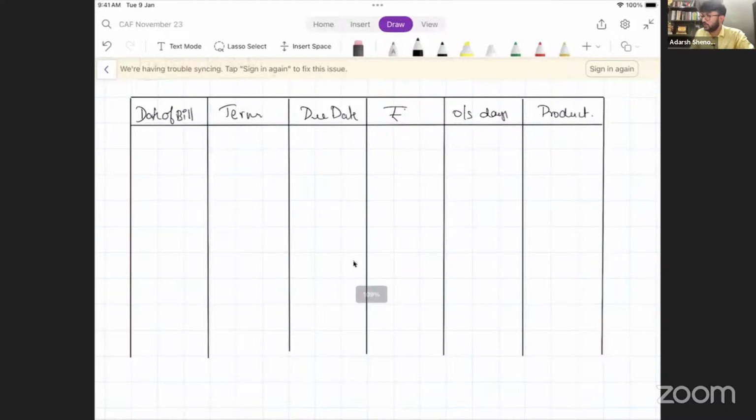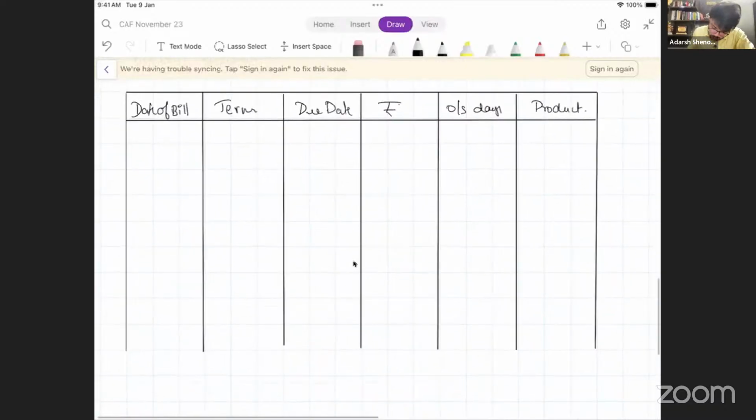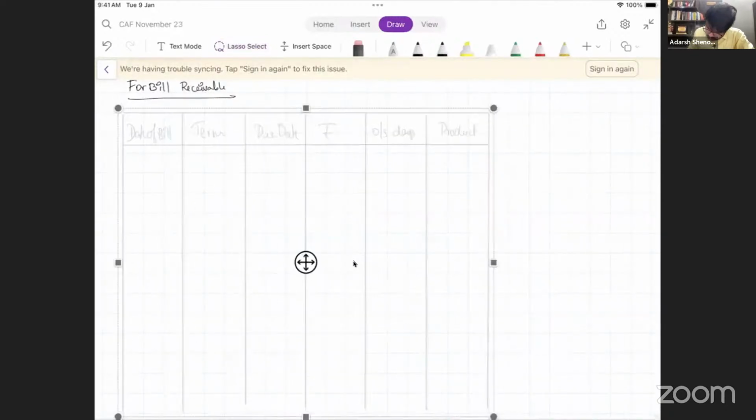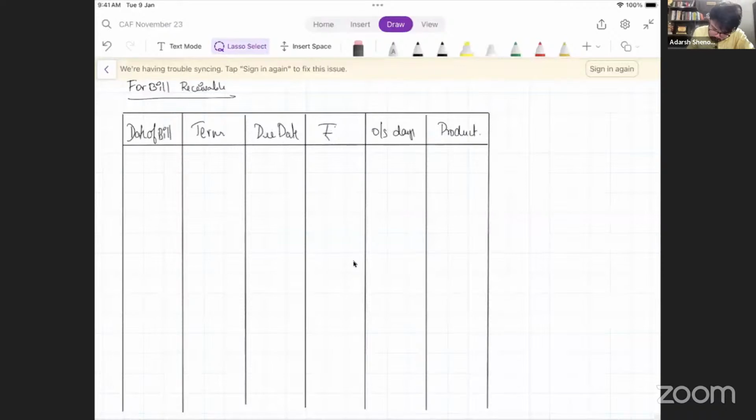Same thing again, repeat it. In fact, what I was telling you was you can extend the same table a bit and have it in this table itself.